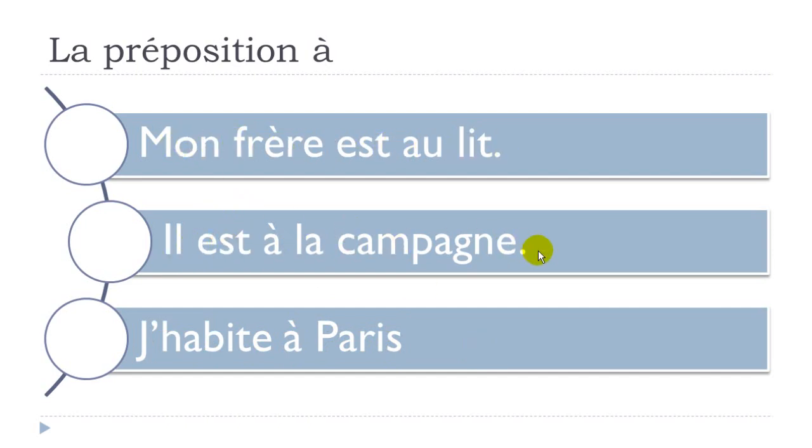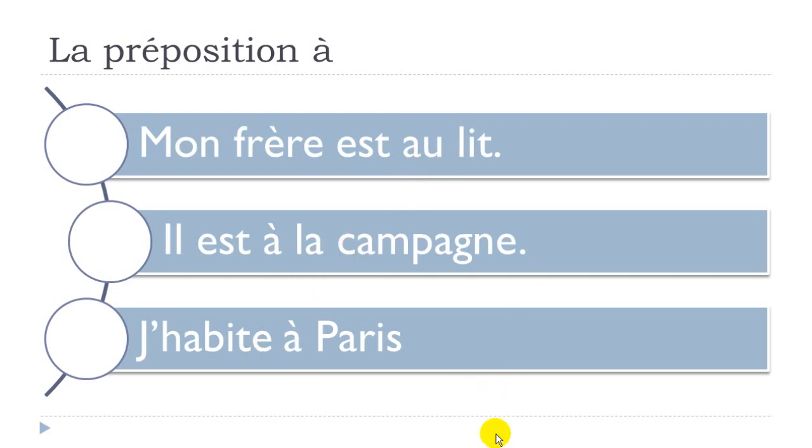Il est à la campagne. J'habite à Paris. So if you want to translate this in concept that would be in English, then it should be à with, as we saw, the combination with the articles, if needed, and the modification: au lit, à la campagne, à Paris.